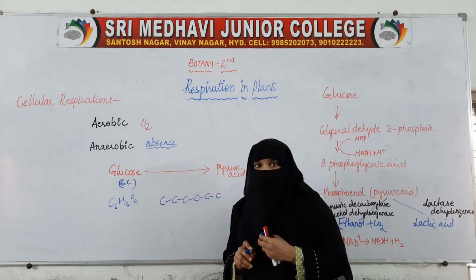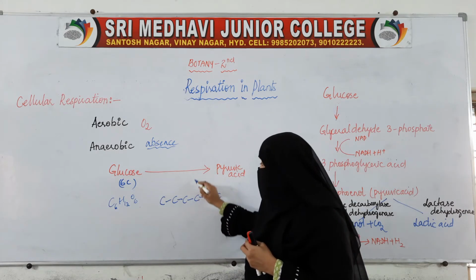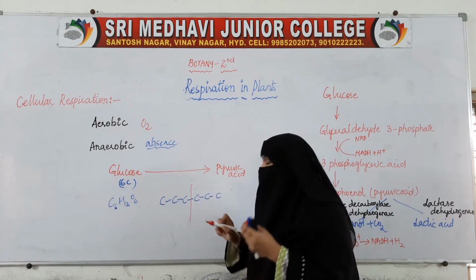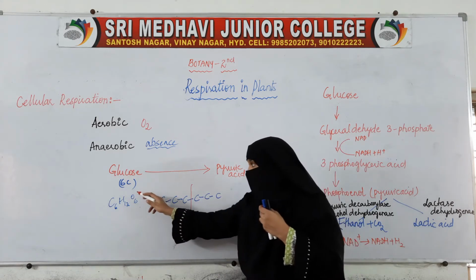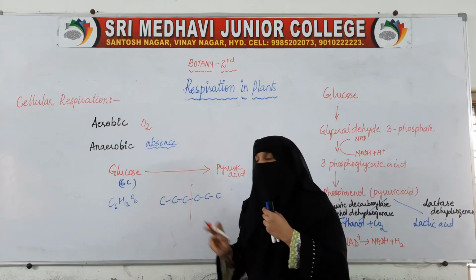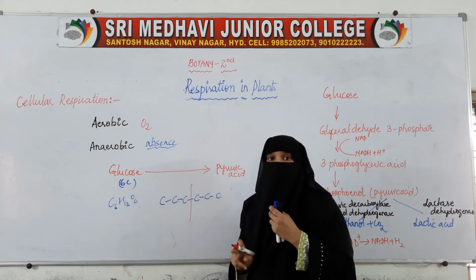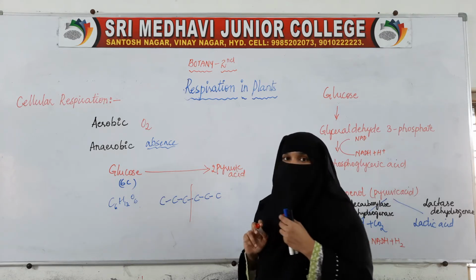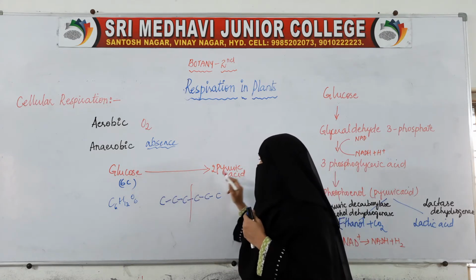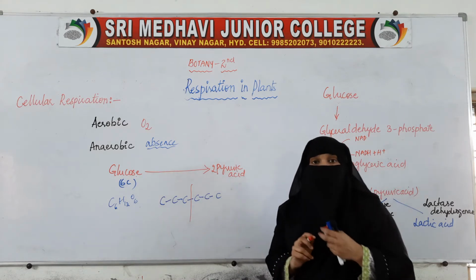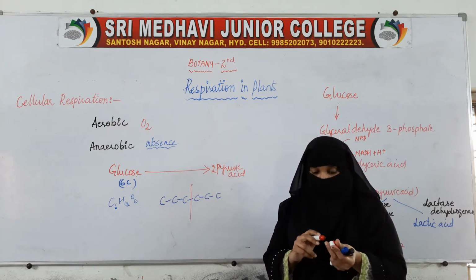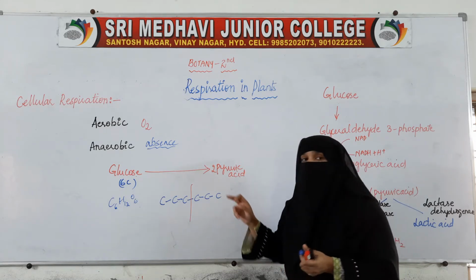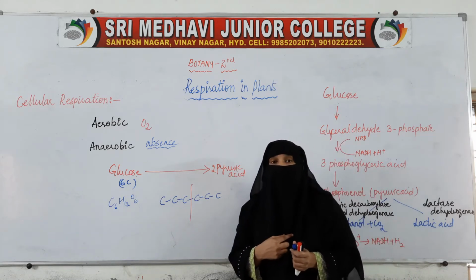This 6-carbon compound will be further broken down into 2 molecules. One molecule of glucose is broken down into 2 molecules of pyruvic acid. Pyruvic acid is a compound which consists of 3 carbon atoms.